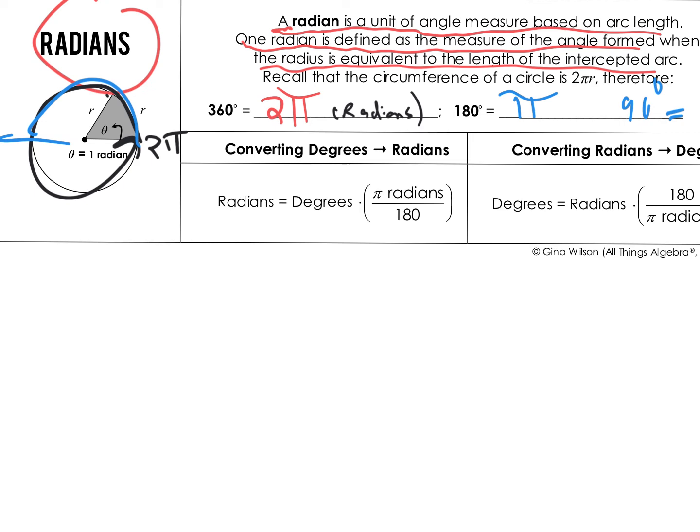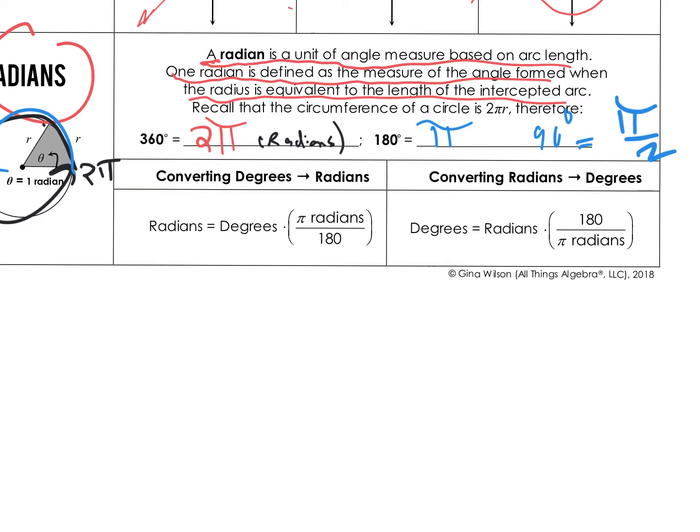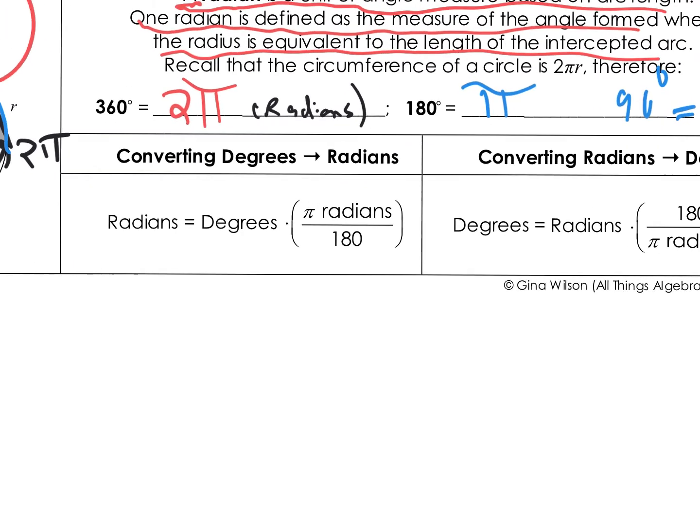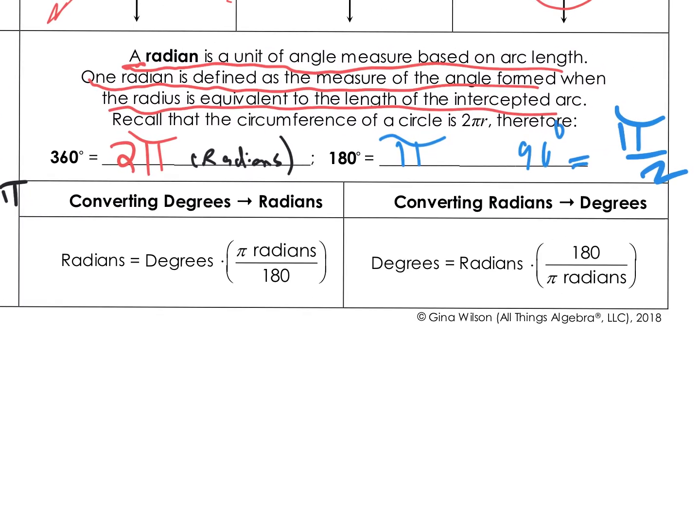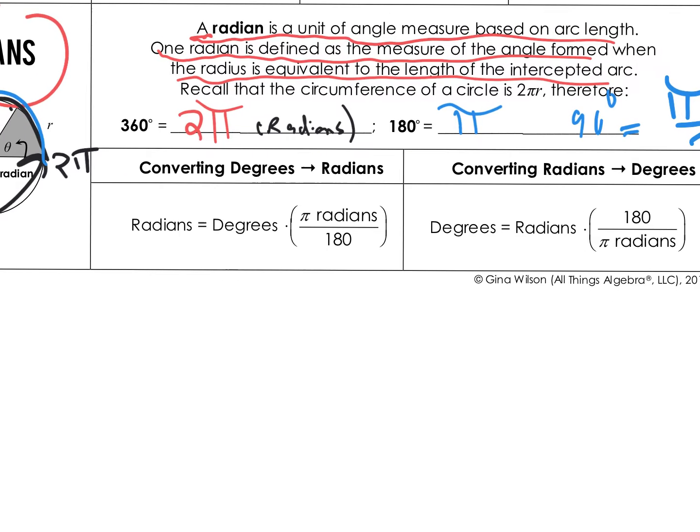But peach. Now, let's talk about converting, because when we talk about 2 pi and pi over 2, it kind of doesn't mean so much to the average person. I'm going to talk about a ratio.